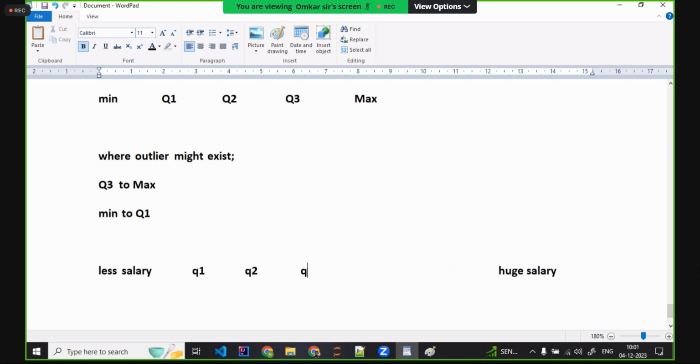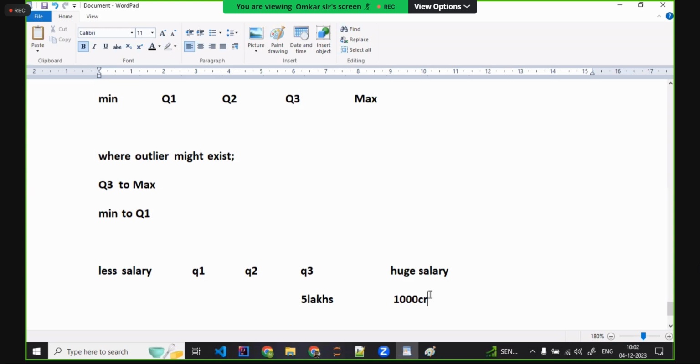So our common sense says there is surely an outlier between Q3 and the huge salary, and between the low salary and Q1. Maybe the Q3 value is those earning 5 lakhs per month, and the huge salary is 1000 crores per year. Surely there will be one cutoff point, and more than that cutoff, all observations will be outliers. That is the idea.